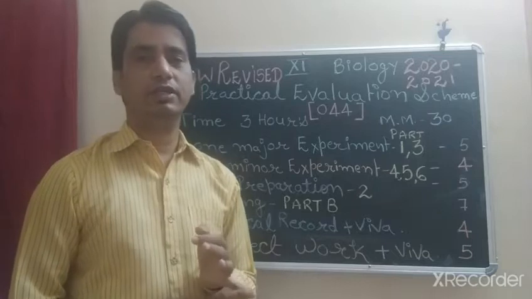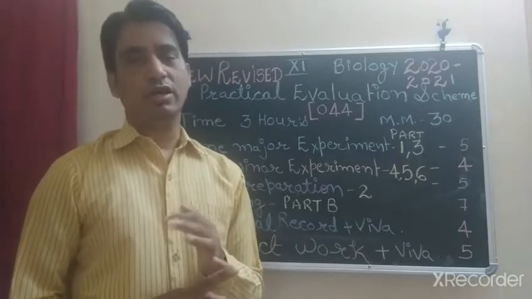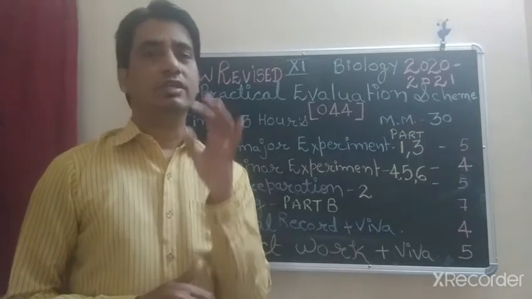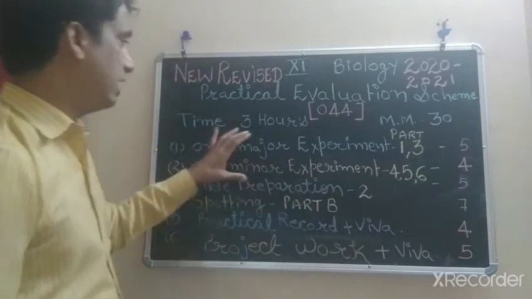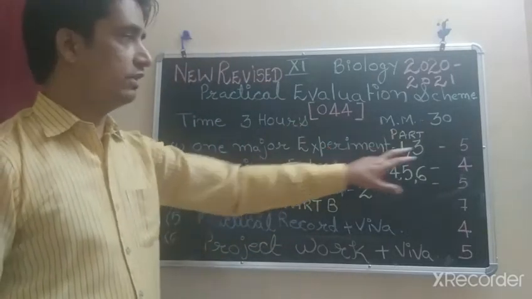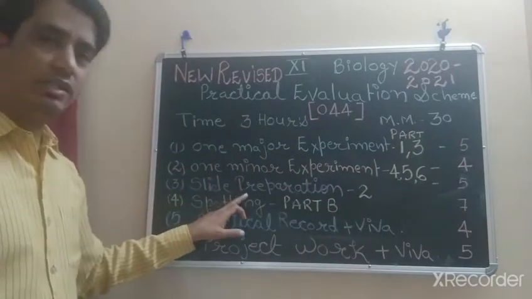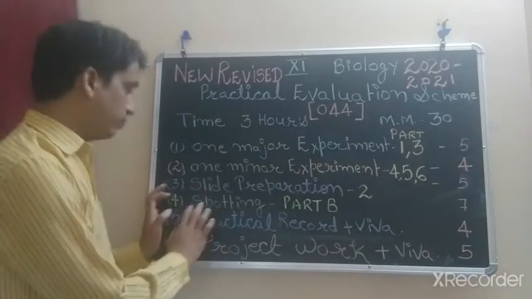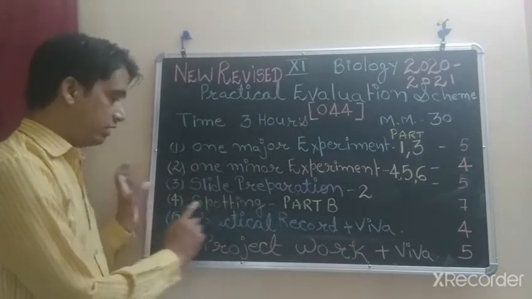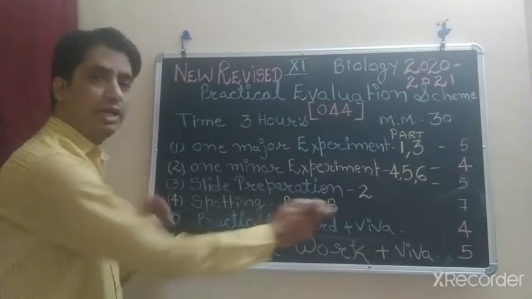Whatever leaf is available in the surroundings of your school, you can take it for the study. So these experiments are the compulsory part: 1 or 3, one of 4, 5, 6, and 2 — 1 major, 1 minor, and then slide preparation. Then a major part is spotting, from Part B.